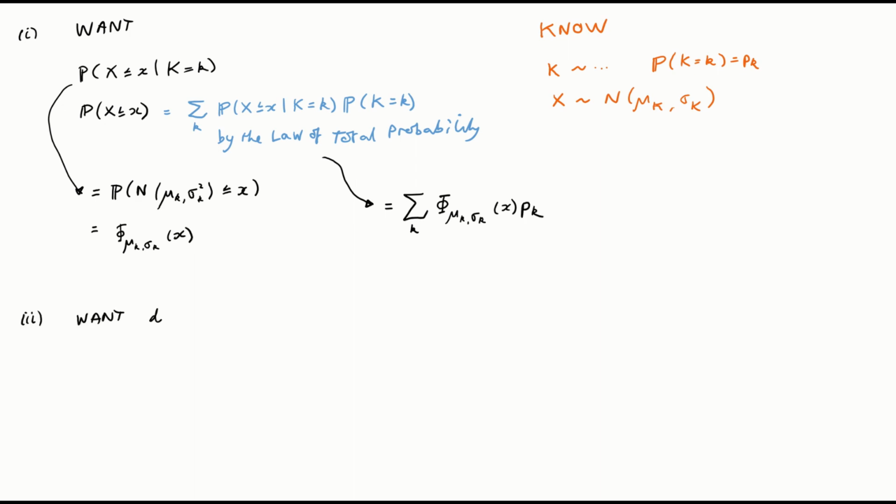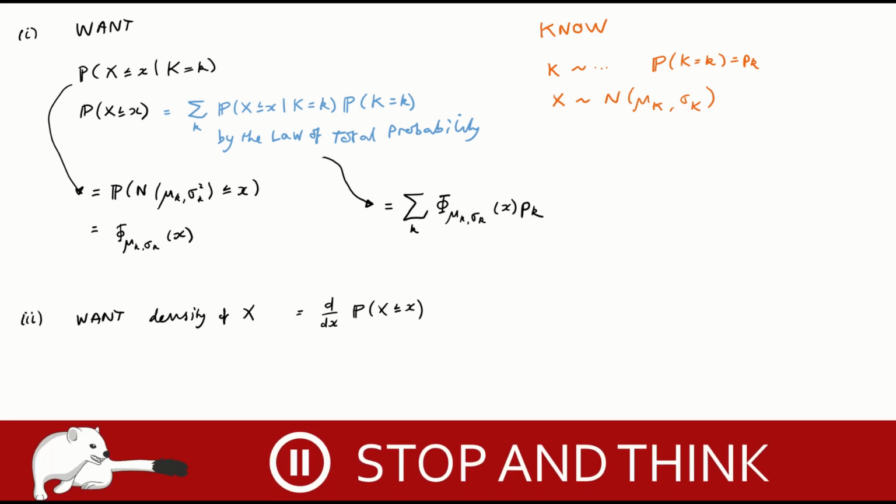Good. Part 2, we're asked for the density of the random variable X, and we've just been told to produce the cumulative distribution function, so that's a pretty good hint. We're meant to differentiate the CDF to get the density. This is time for you to try it out yourself, see where you go.